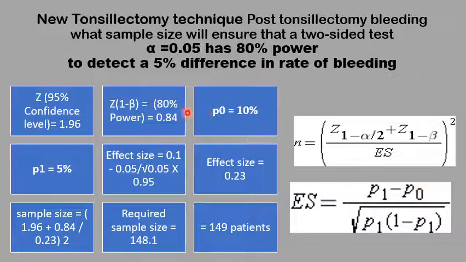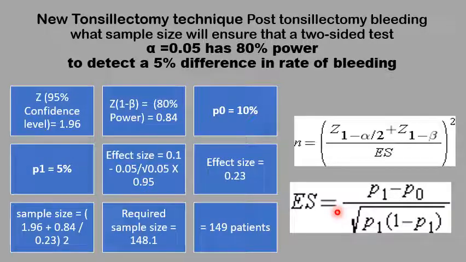So we start with this. The z-score for the level of significance at 95% is 1.96. This will be plugged in here, and the z-score for the chosen level of power, 80%, will be 0.84.